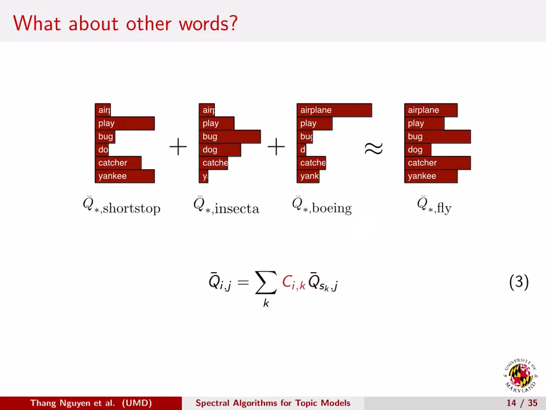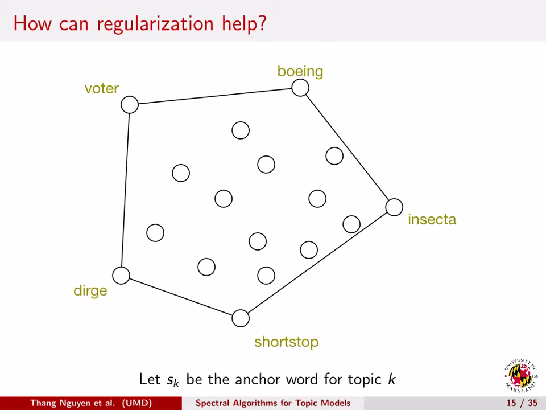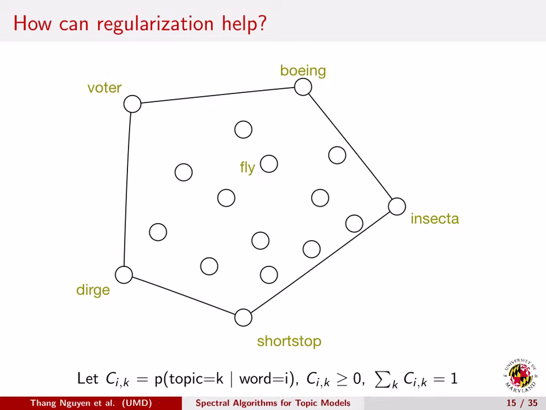But this toy example doesn't tell the whole story because there are lots and lots of anchor words, at least dozens, possibly hundreds. These anchor words can be thought of as a convex hull of a very high dimensional space of conditional word probabilities. And so you have some set of anchor words, and it's a relatively large set. How do you, for any arbitrary word, combine these anchor word distributions to explain what's going on with the word fly?